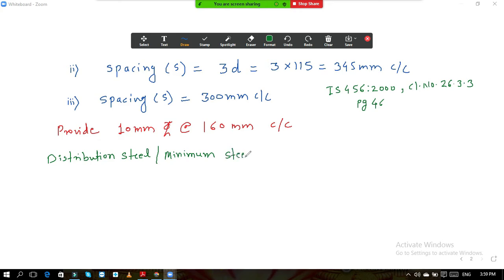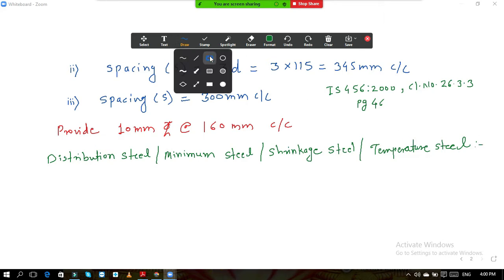It is also called shrinkage steel. In examinations they use different words. And this is also called temperature steel.